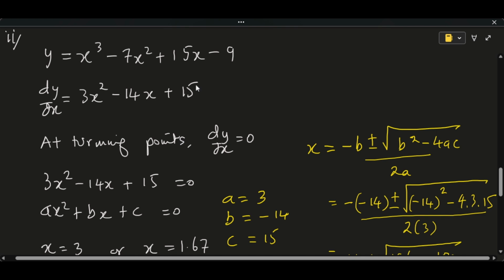To determine that, we're going to find the second derivative of this expression over here, in order to be able to differentiate between the turning points.